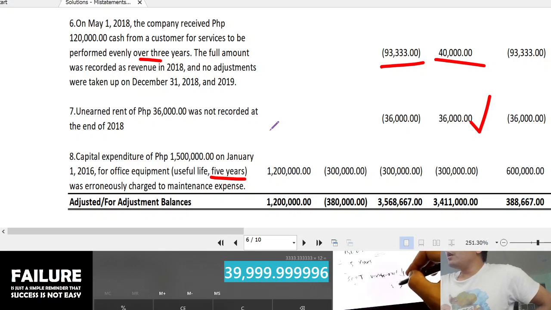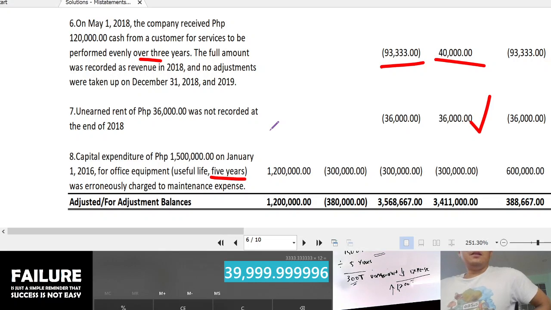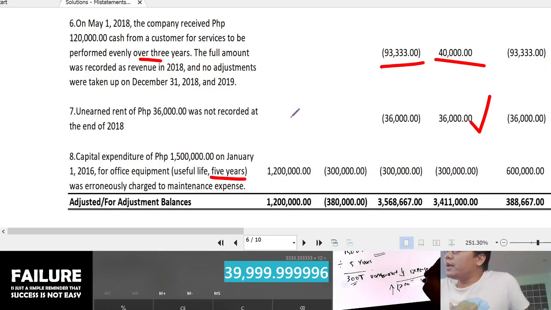So, we have 1,200,000 overstated expense. So, pag overstated yung expense mo, ano yung effect sa net income?